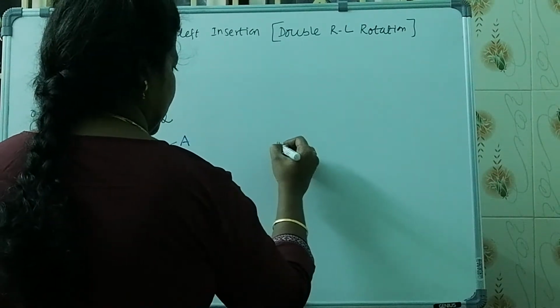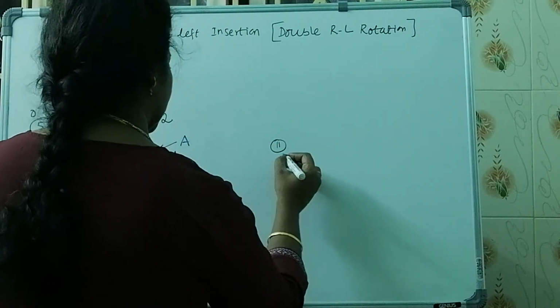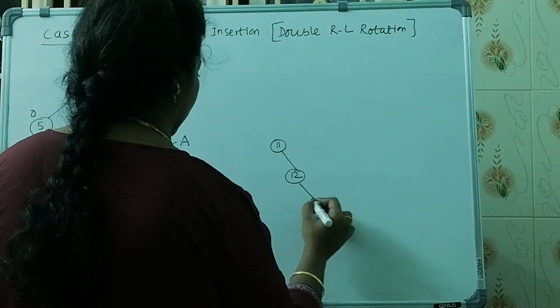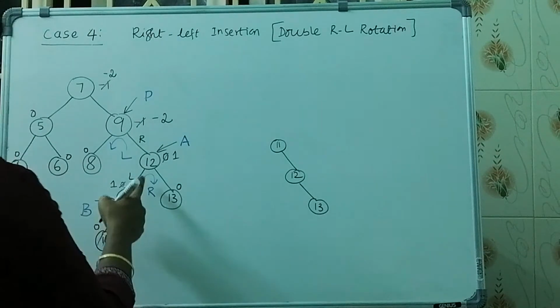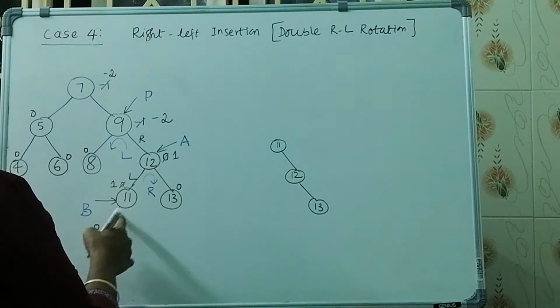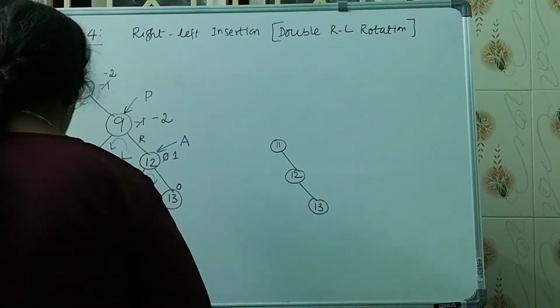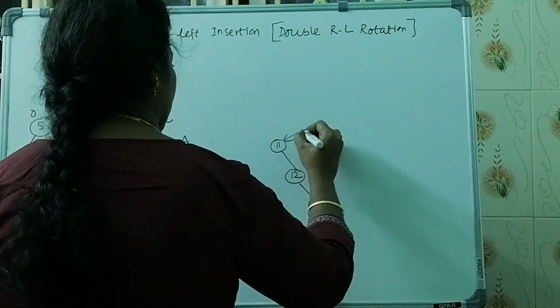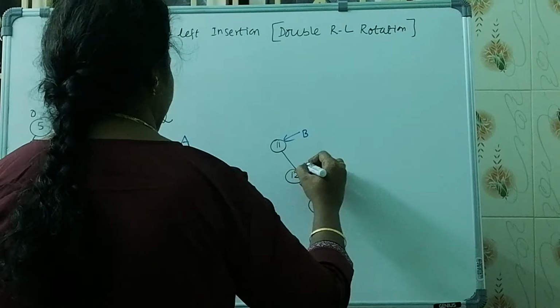Now let us take this 11, we are rotating, and then 13 will go to the right side. Now once you rotated, 10 will go to the left of B. As soon as you rotated, please follow this marking so that there will not be any mistake.